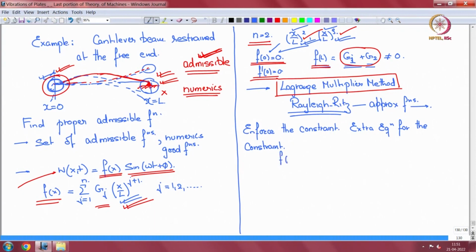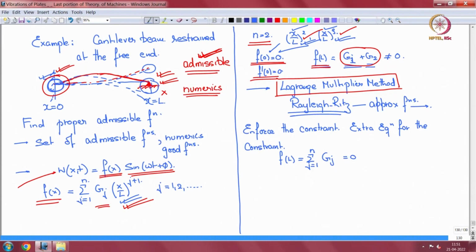The displacement at L is the summation over j, let us say now 1 to 2, let me check, yes I am doing a case for 2, so let me put n equal to 2 for now, I mean n now, of Gj, that is equal to 0 if there are n terms.